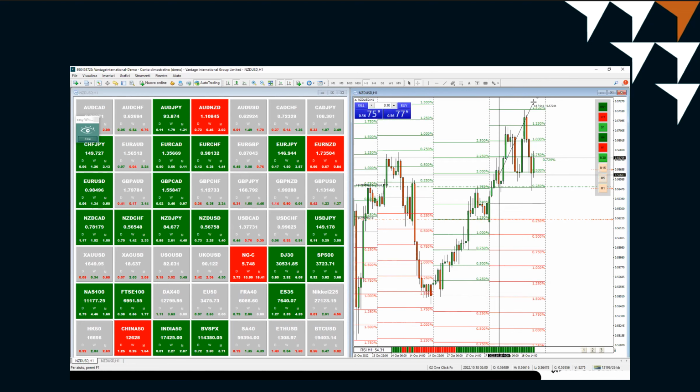You're going to see it clearly in terms of percentages, and then you can also evaluate it, or remember it, in terms of pips, for example, from low to high.